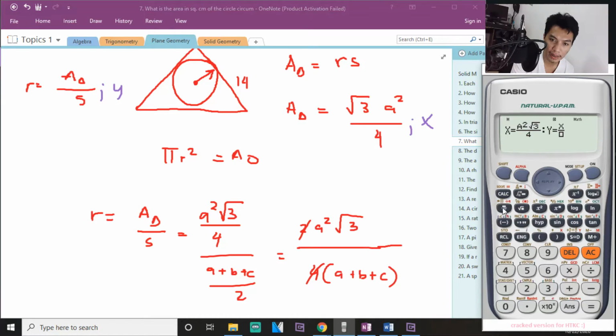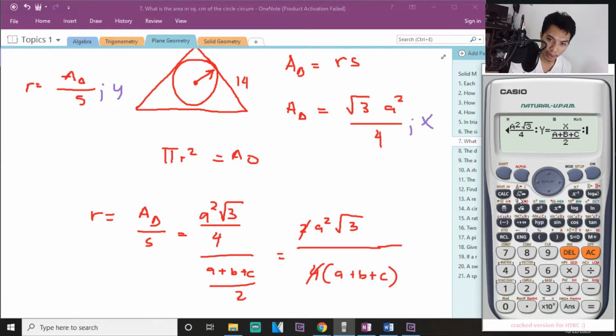Ano ba yung S? Lagay na lang natin dito. That is 3a yan eh. Alpha a plus alpha b plus alpha c over 2. Yan. Kuha natin.